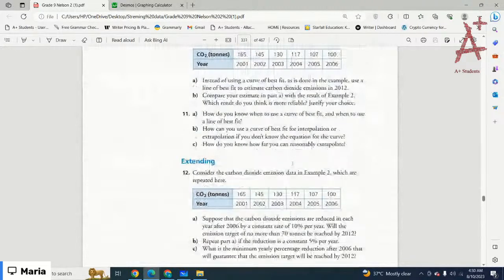Okay, how do you know when to use a curve of best fit and when to use a line of best fit?